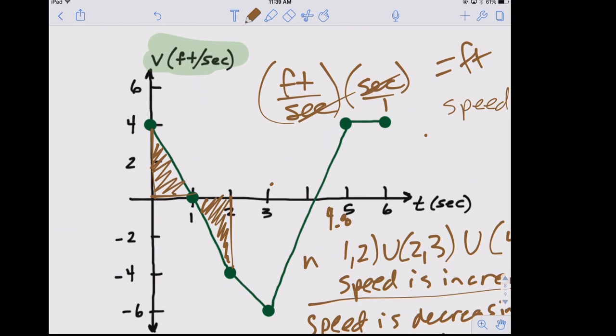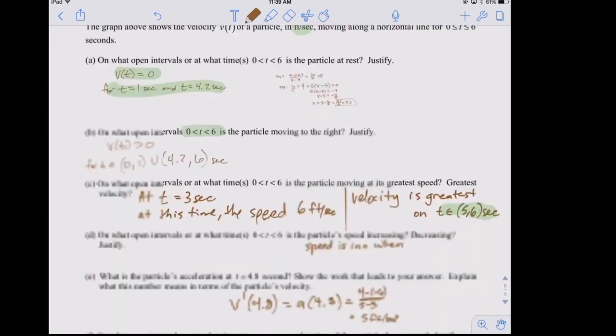They're equal. So from 0 to 1, let's see what the area is. It's 1/2 the base times the height, so half the height is 2. So it travels 2 feet going up, but then it travels the same 2 feet going down. So what was its displacement? 0.